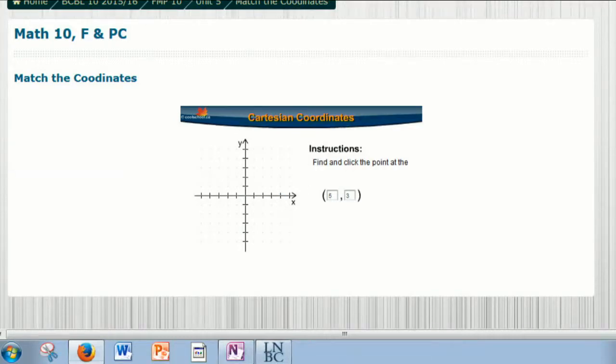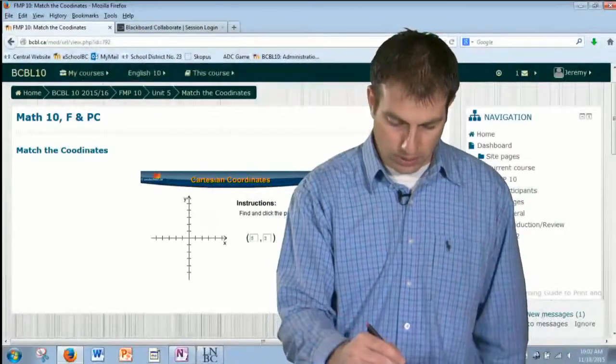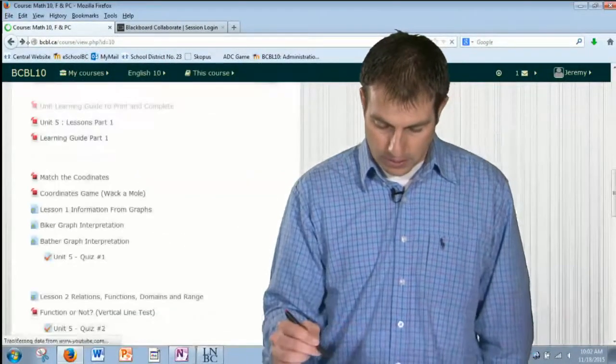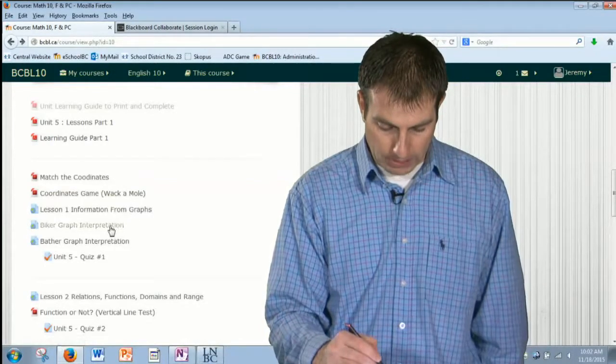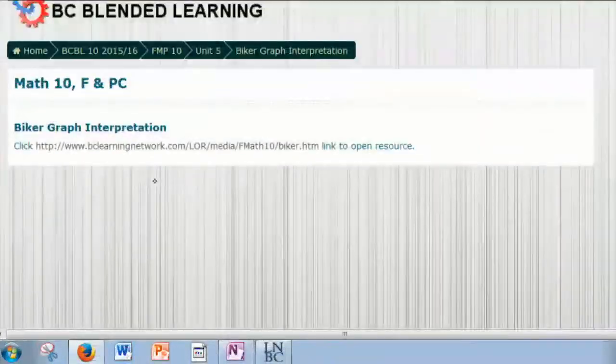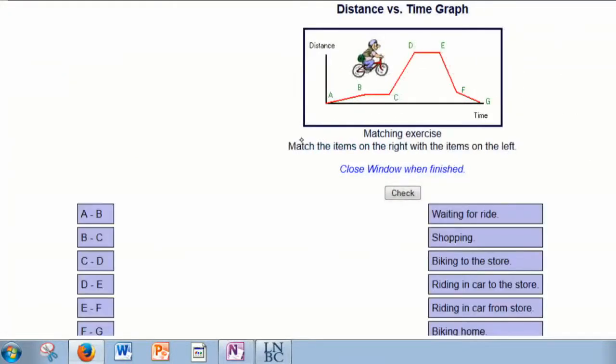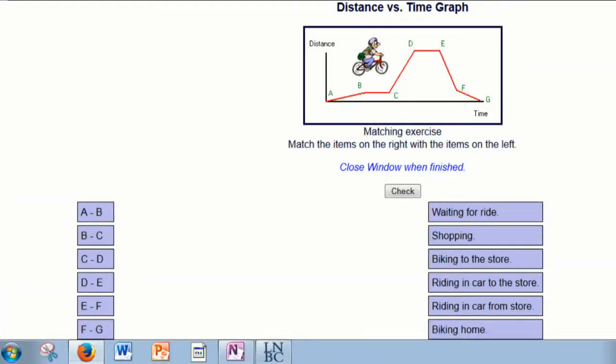But the other one, it's not what I was hoping for. The match the coordinates game, whack-a-mole, biker graph interpretation. It gives you a link, and it gives you a chart. You have distance and time, and then it gives you a section. So from A to B, what's happening, you need to go through all the choices, and then you can just drag it and drop it.